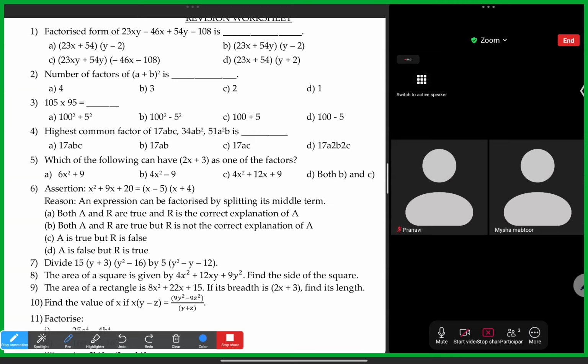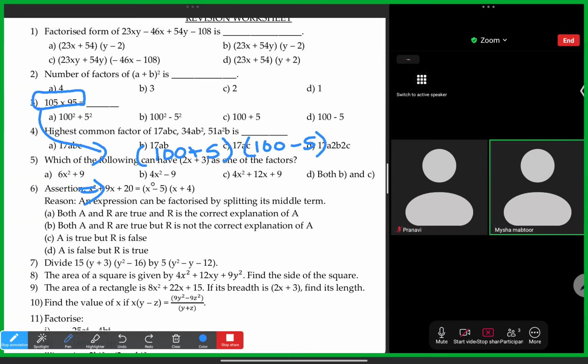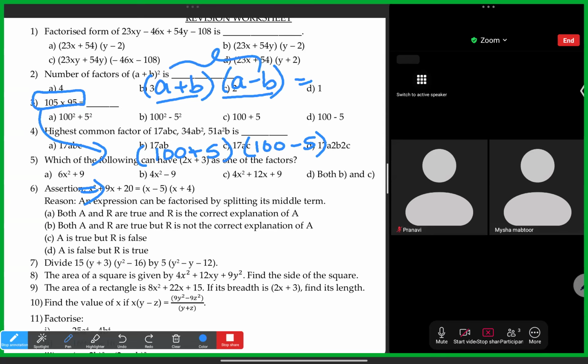But how do we get that? I'm explaining, Maisha. 105 will be written as 100 plus 5, and 95 can be written as 100 minus 5. Now, in this chapter you will learn one identity, A plus B into A minus B. If you multiply these two normally, you will get the final answer as A square minus B square.